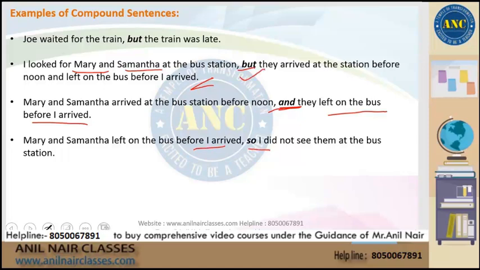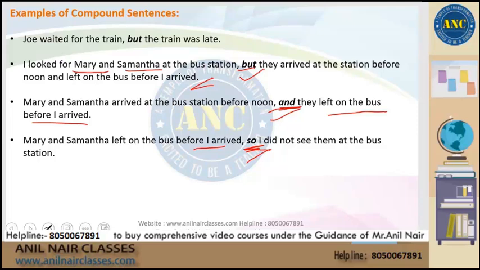Look at the three different coordinating conjunctions. All these three coordinating conjunctions imply different meanings. Because they left before you came, you couldn't see them. So you're saying, so I did not see them. Here you are saying, they came and they took the bus even before you went to the station. Here what are you saying?